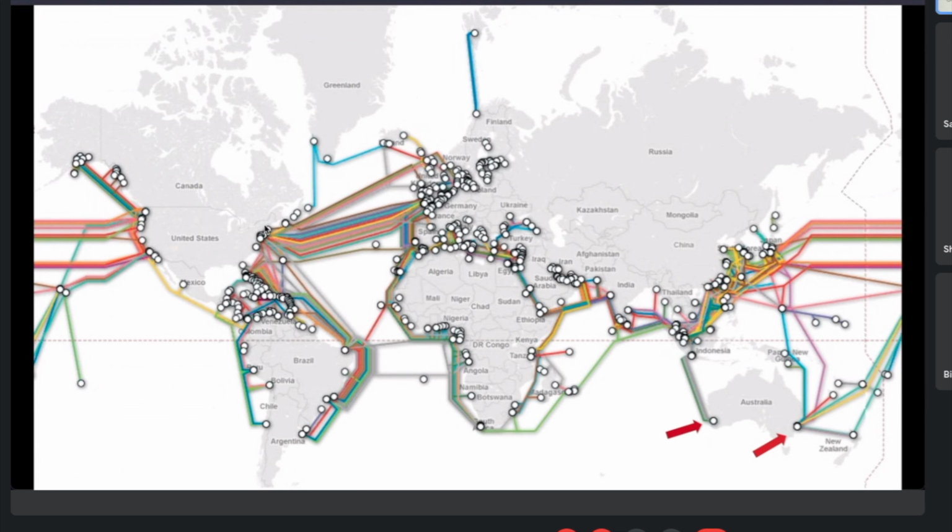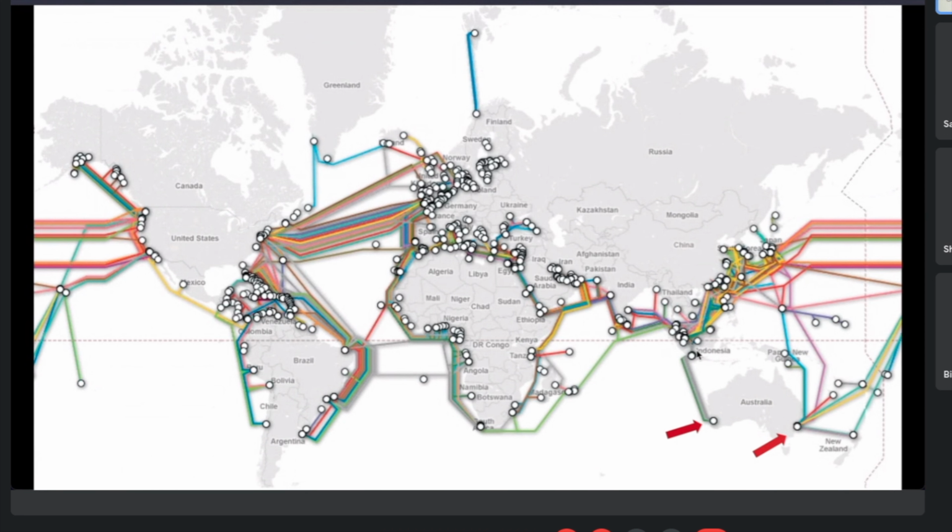So this is an actual map. These are actual cables under the Atlantic Ocean, under the Pacific Ocean, that connect different continents, different countries to the internet. And to connect Australia to the internet, there are two places, here and here. If you bomb these two places, you basically cut Australia from the entire internet.